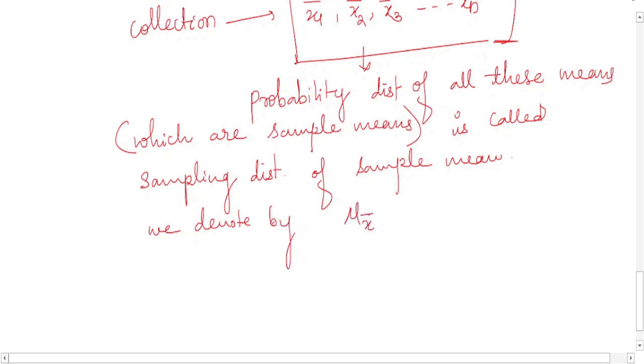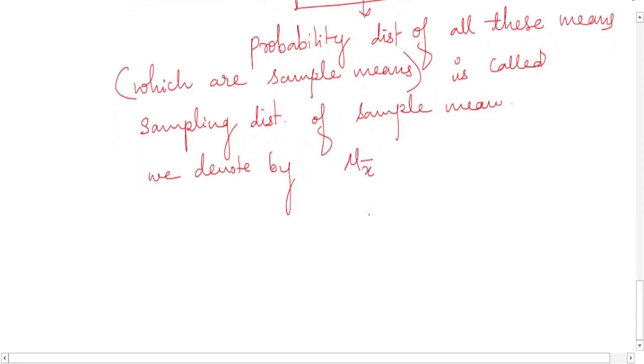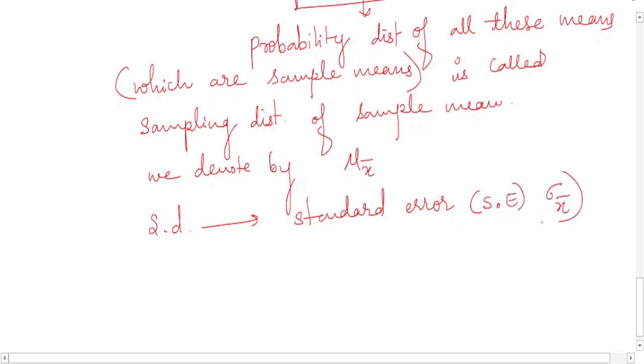This distribution we denote by mu x bar, with x bar in the suffix, and this is the mean of all these sample means. The standard deviation of all these sample means is called the standard error, denoted by SE or sigma x bar.